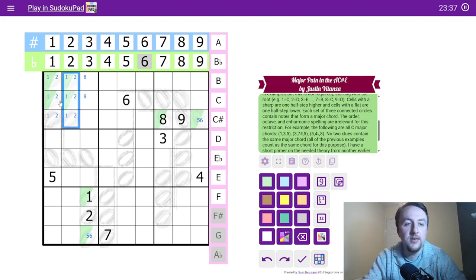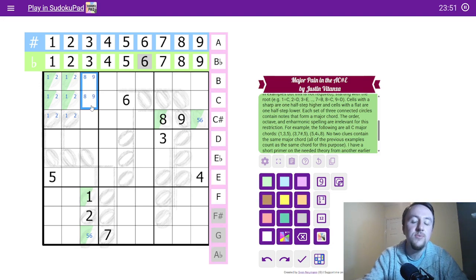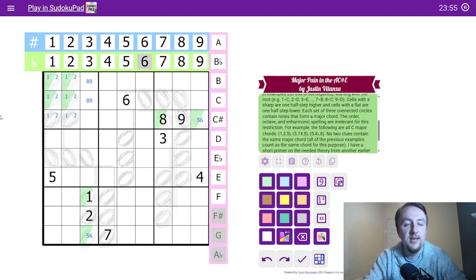And 1 and 9 can't go together because then they represent C and D, which can be formed into major triads, but only if they are G or A flat, which are already taken. So 9 is also there, and we have an 8-9 pair. There we go. That was hard fought, but actually not too complicated if you understand what's going on.